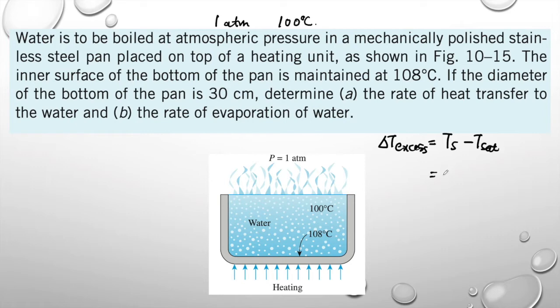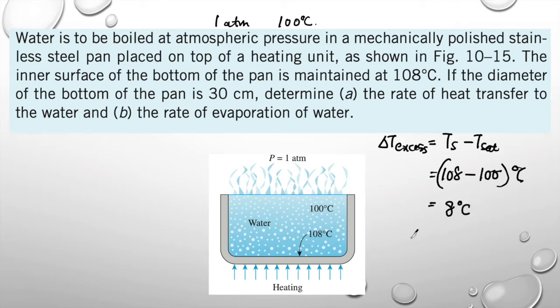So T surface is 108 minus 100, and we get delta T excess of about 8 degrees Celsius.